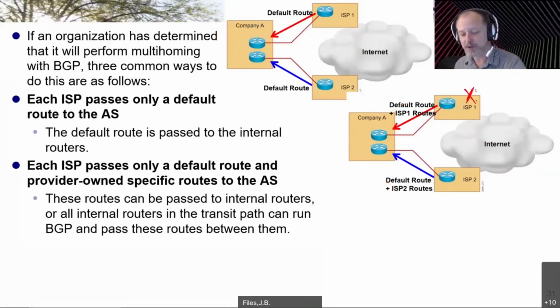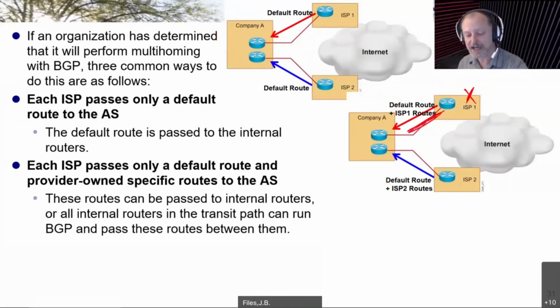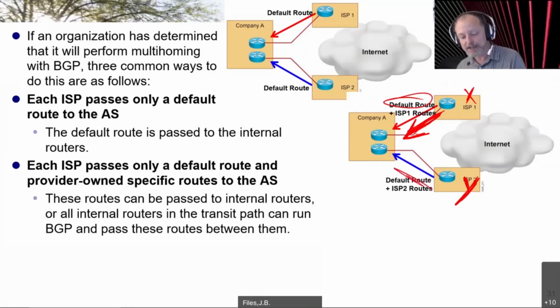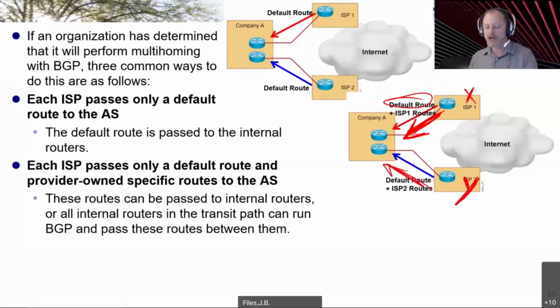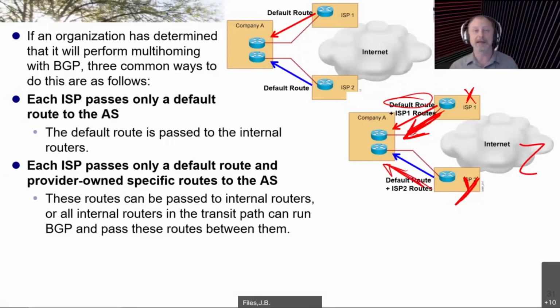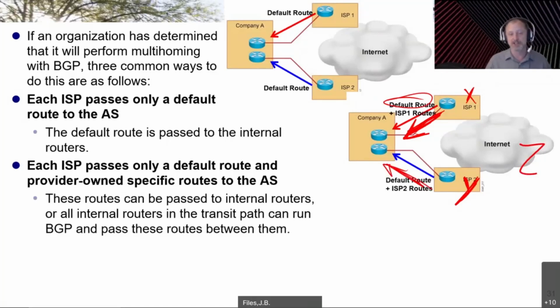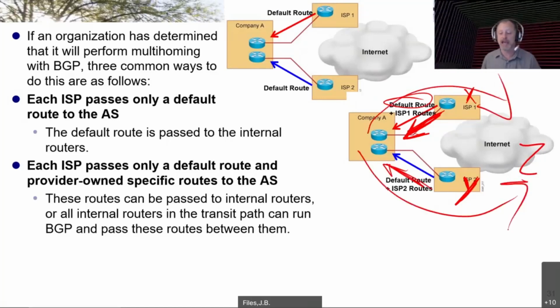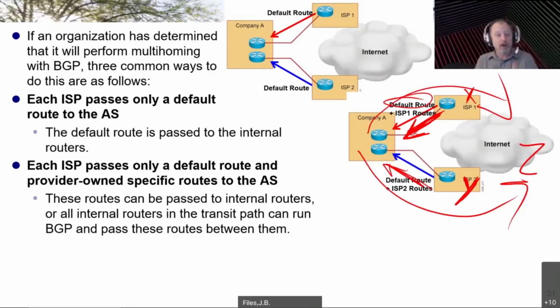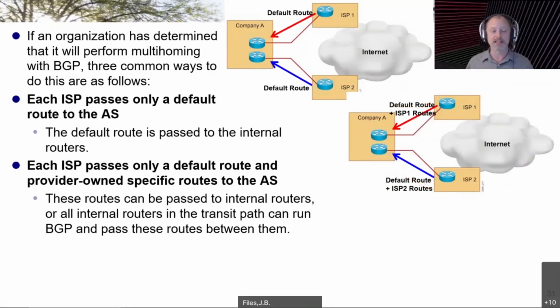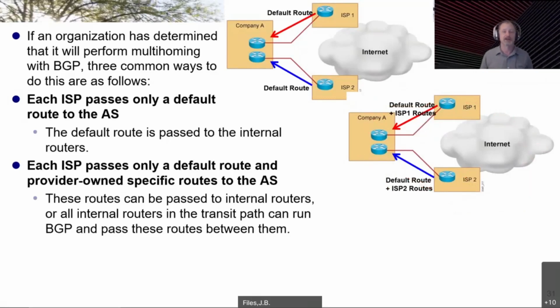Essentially, if there's network X, ISP1 is going to advertise that plus a default route, and ISP2 will advertise network Y plus a default route. So if there's network Z out here, that's not being advertised to us, so we're just going to use a default route. We'll go that way or we'll go that way. But if we need to reach network X or network Y, then we'll go directly to that service provider. So this is a very common situation: we get a default route plus that service provider's routes.